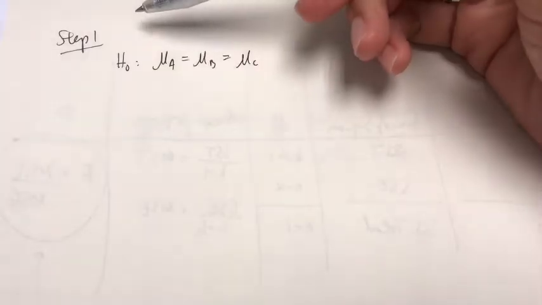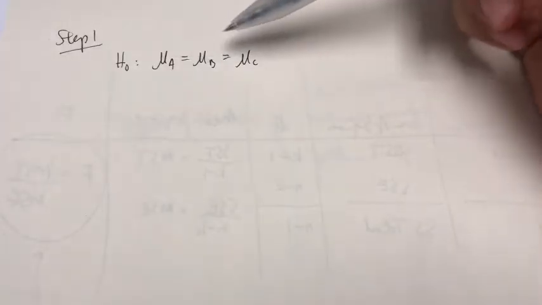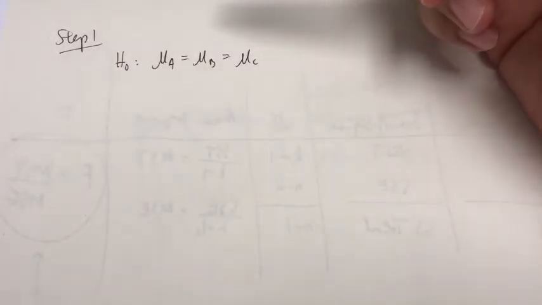Okay guys, so let's do the 6-step hypothesis testing for the ANOVA test. Step 1 begins by writing down the hypotheses. As mentioned before, the null hypothesis always assumes equality or no difference between the population means. So there's no difference between the average weight loss of the 3 diet programs: mu A equals mu B equals mu C, no difference.